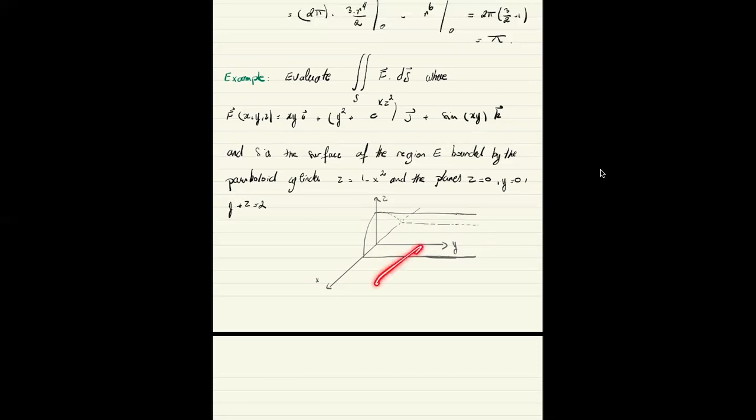We have z equal to 0 at the bottom. We have y equal to 0, which is this one. And we have the surface of the cylinder, and the last plane is going to go like this, right?